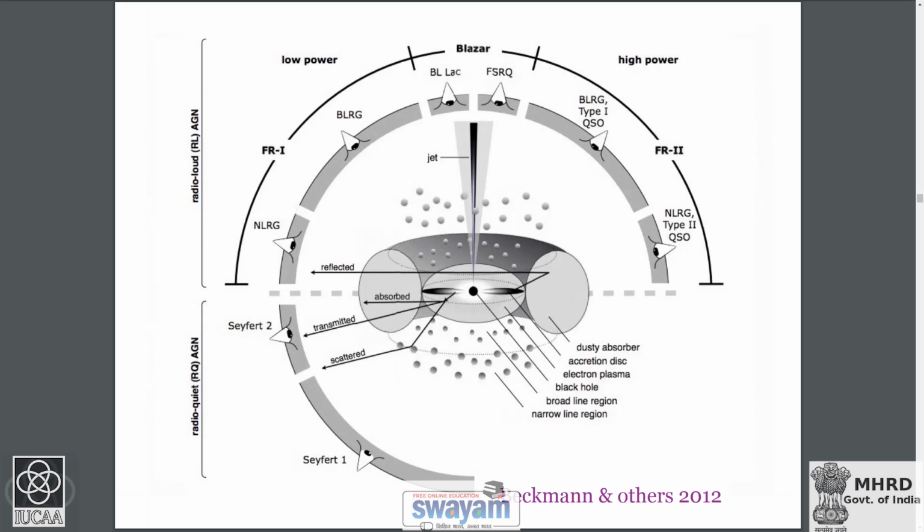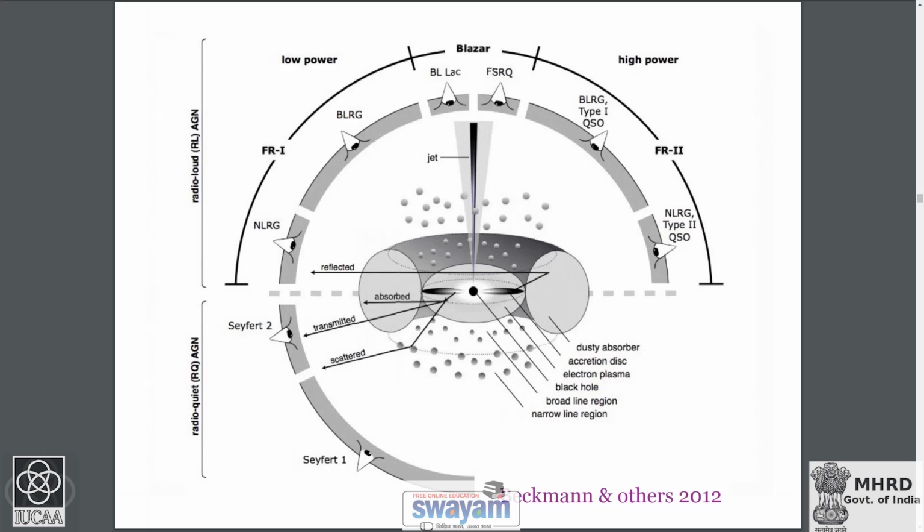According to this scheme, whatever different types of AGN we see are basically the same objects. We see them differently because they are observed at different angles to the line of sight of the observer. In this unified model, an AGN has a central black hole, and surrounding the black hole we have the accretion disk, and further out we have the torus.